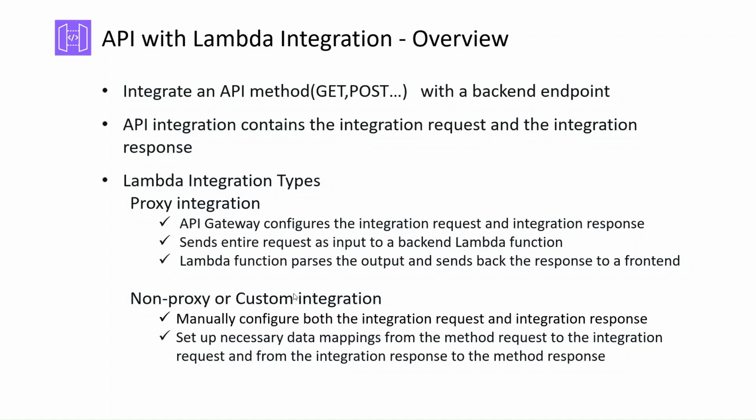Unlike proxy integration, in non-proxy integration, we need to configure the request and response mappings. The main advantage of Lambda non-proxy integration is we have control over the request and response structure, and it is useful when integrating with backends that need specific formats of data.